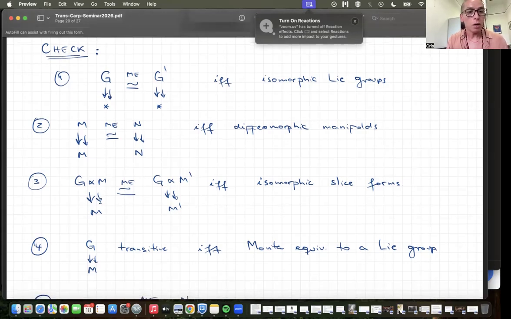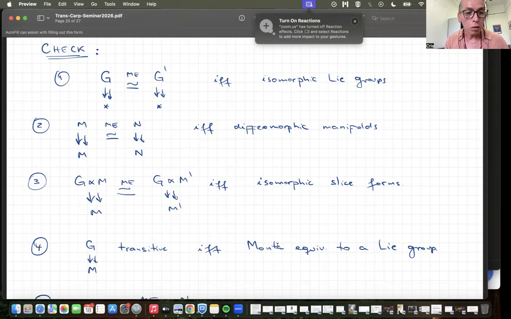Another example is that every transitive groupoid, which means that the groupoid has just one orbit, has to be Morita equivalent to a Lie group. And actually, you can describe a Morita map between them. You take just one of the isotropy groups and take the inclusion into the groupoid, and this is a Morita map.